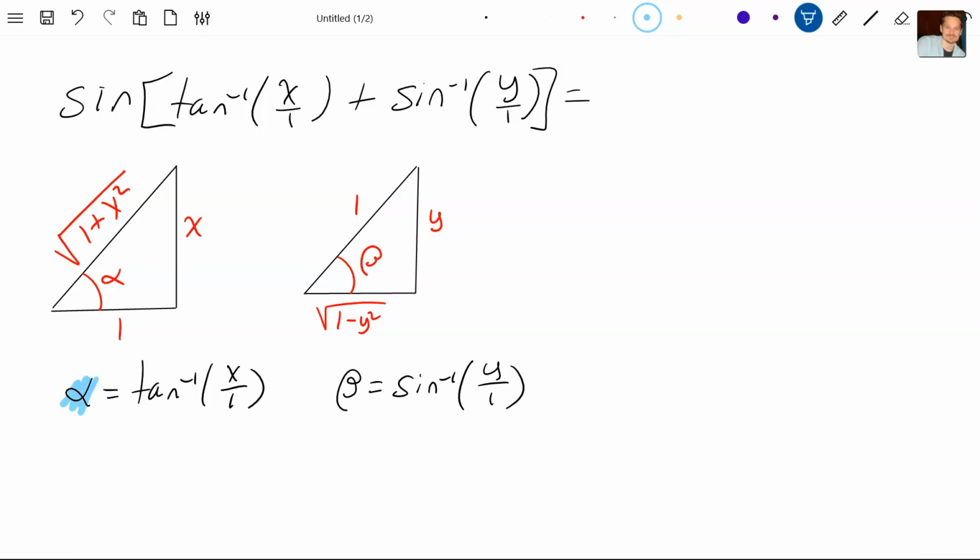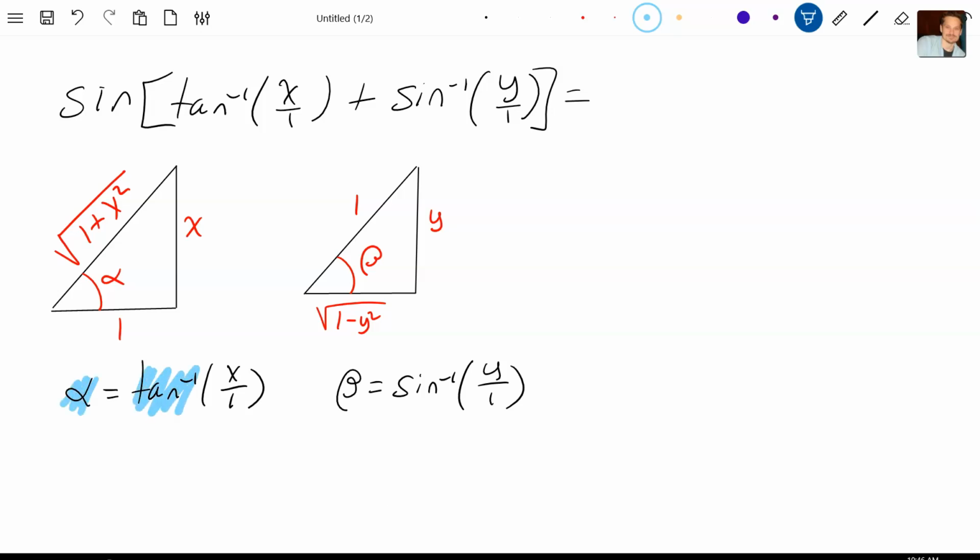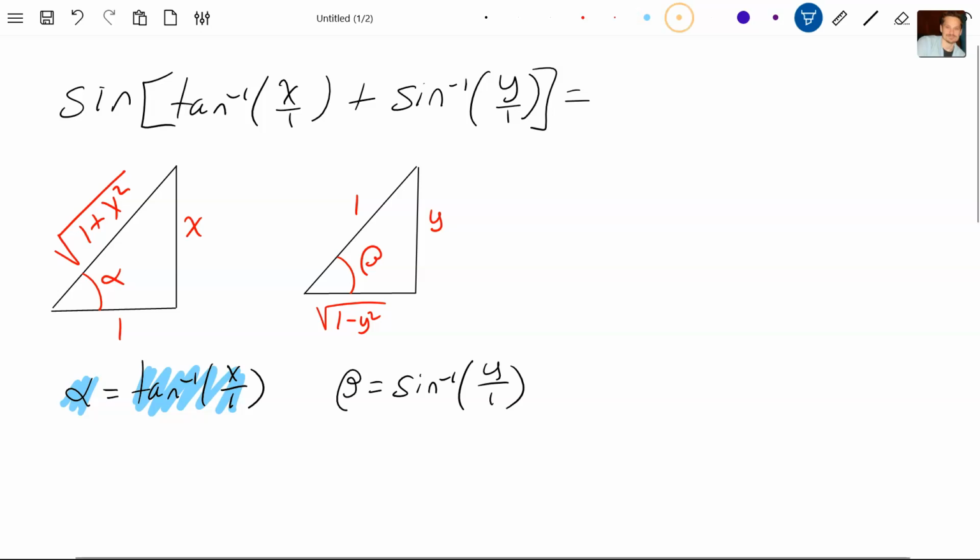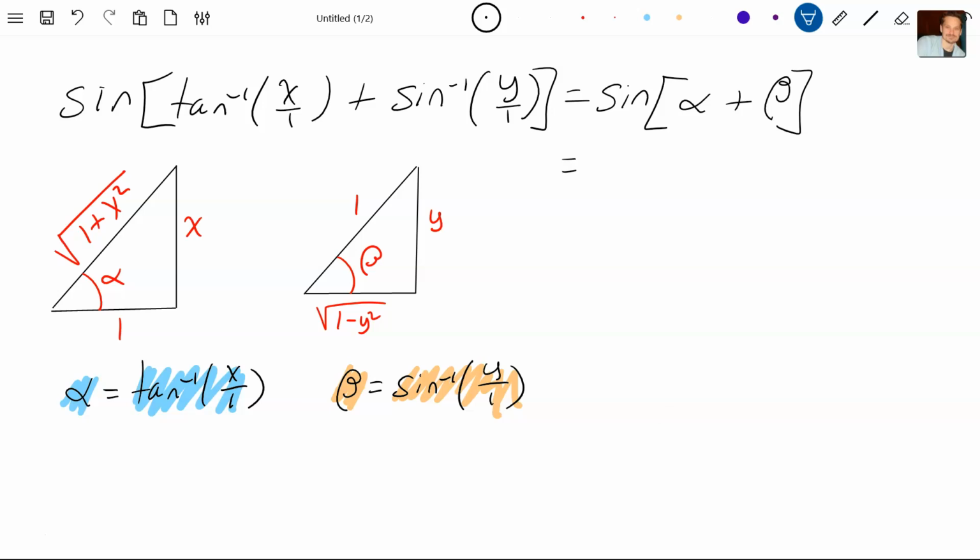So where I see tan inverse, I'm going to replace it with alpha, and where I see sine inverse, I'm going to replace it with beta. So let's carry that out over here across the top. I'm going to have sine of alpha plus beta. Now there's an identity for a sine of a sum of two angles.